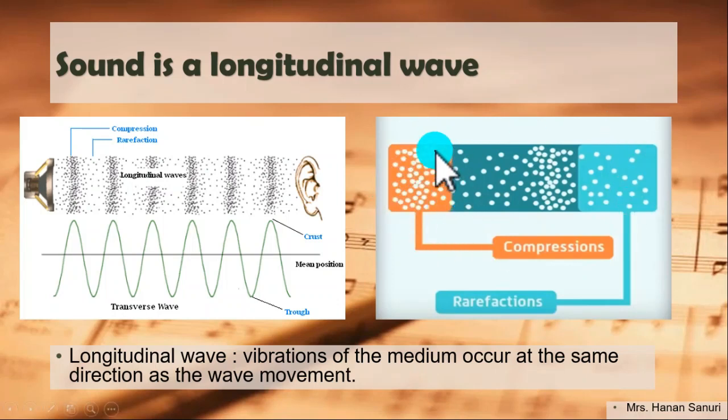When the particles are away from each other, we call it rarefaction. So in a longitudinal wave, vibrations of the medium occur in the same direction as the wave movement.